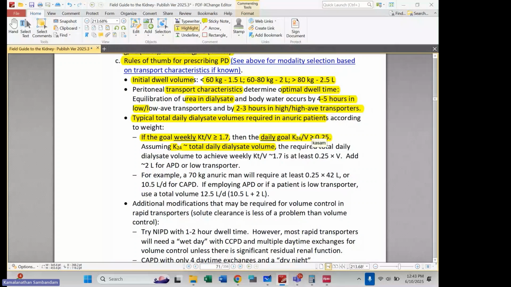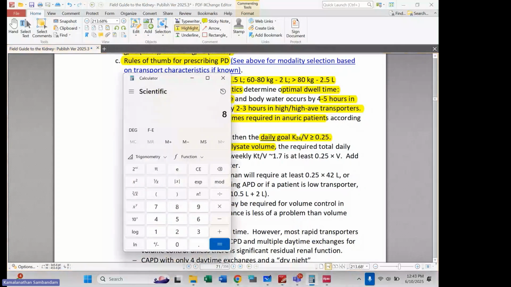So let's again say I had 8 liters of clearance in that CAPD prescription, and let's say the patient had a volume of distribution of 32 liters. I would see that I've achieved my K over V of 0.25. That should be enough for this individual. Okay.